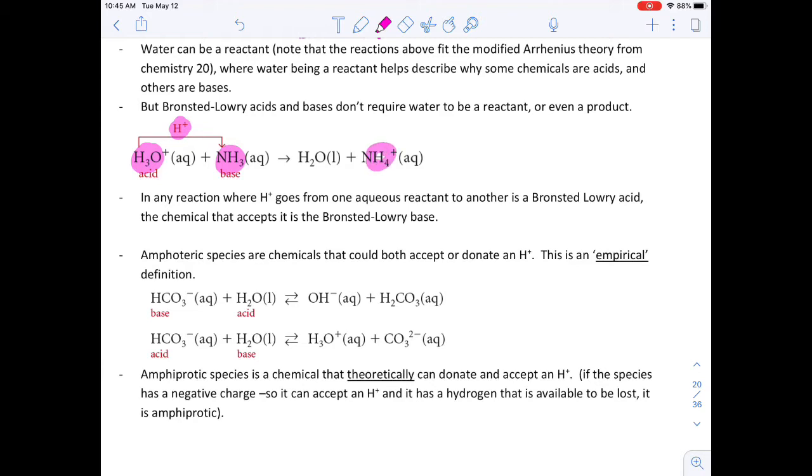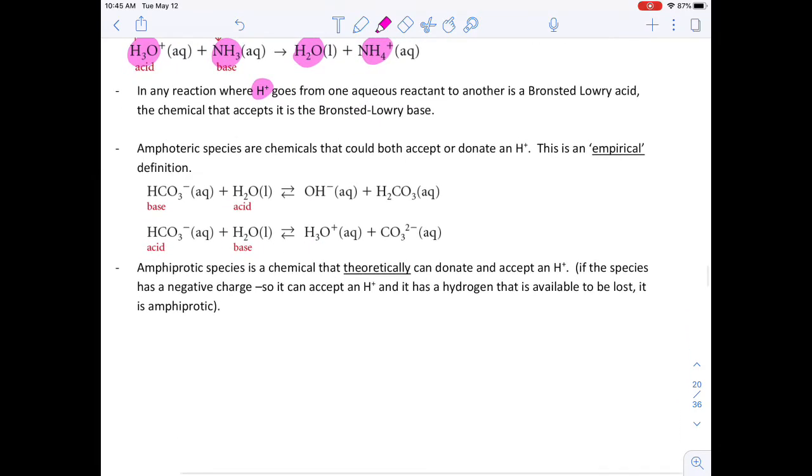So the ammonia becomes ammonium and the hydronium becomes water. In any reaction where a hydrogen ion goes from one aqueous reactant to another, the chemical that donates it is the Bronsted-Lowry acid, and the chemical that accepts it is the Bronsted-Lowry base.